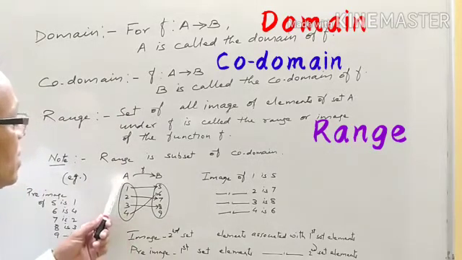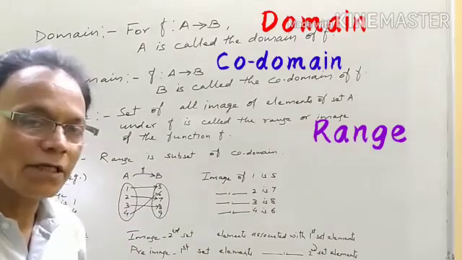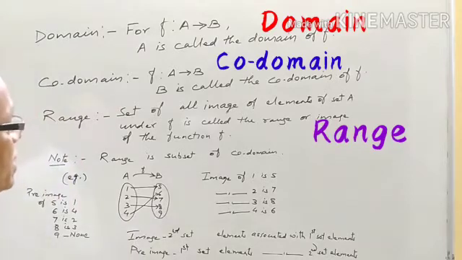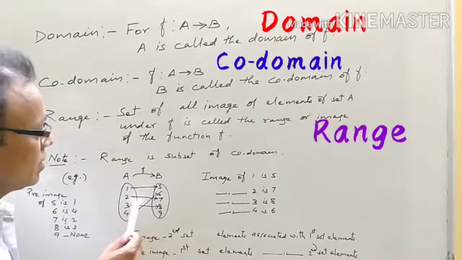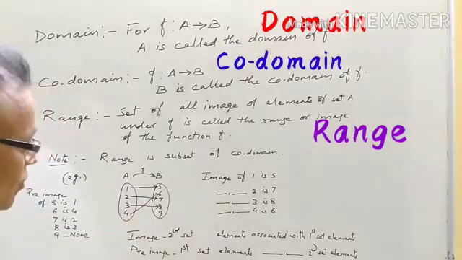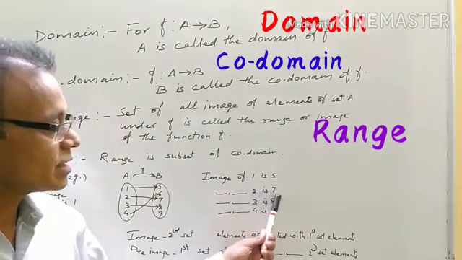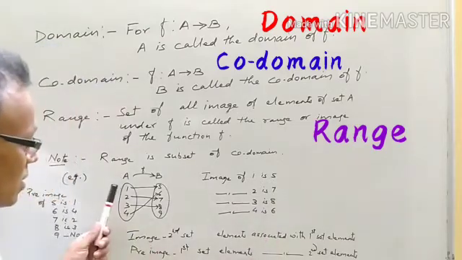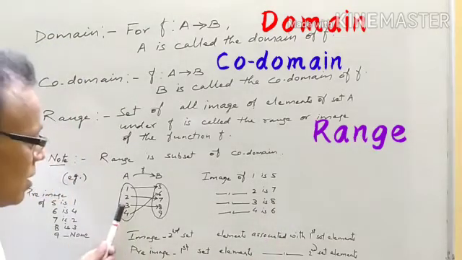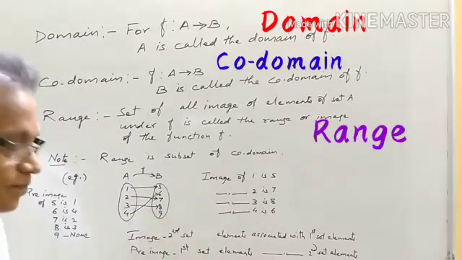If we consider a set A in which 1, 2, 3, 4 are the elements, and set B with 5, 6, 7, 8, 9 as the elements, we see that 1 is related to 5, 2 is related to 7, the image of 3 is 8 and the image of 4 is 6. From this mapping figure, all the elements of set A are related to elements of set B.